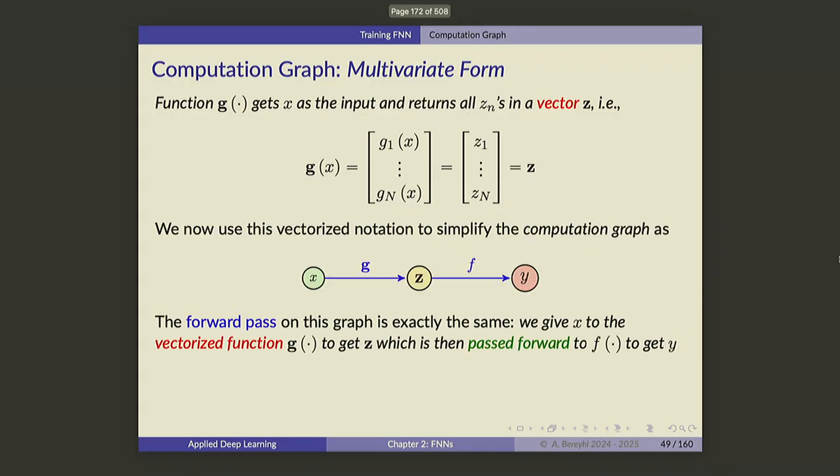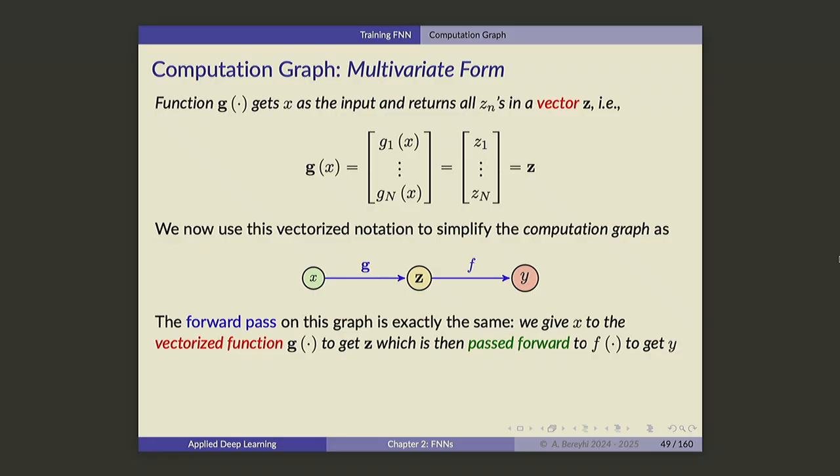Now, you can compactly show this diagram in this form. You're starting from x. This guy is a scalar. Then you go to z. This z is a vector, a different kind of mathematical object. Then you get from z back to y, which is a scalar again, right?